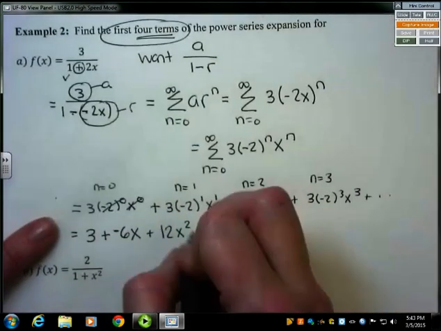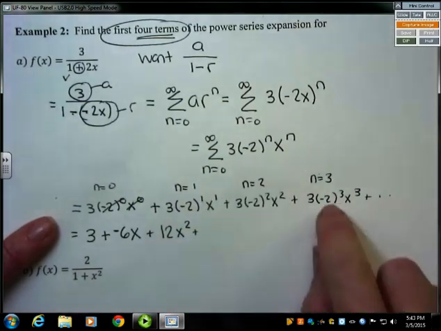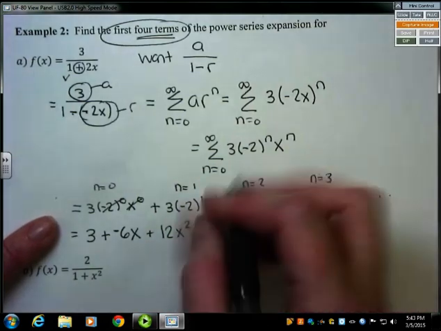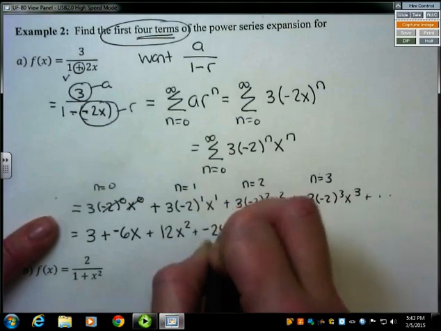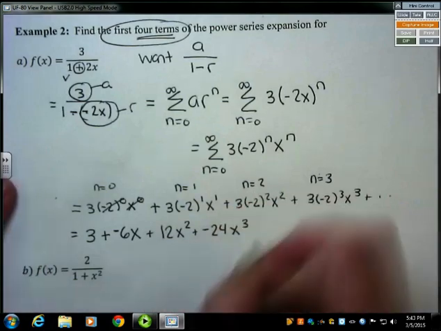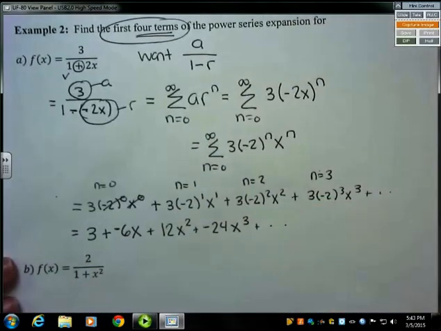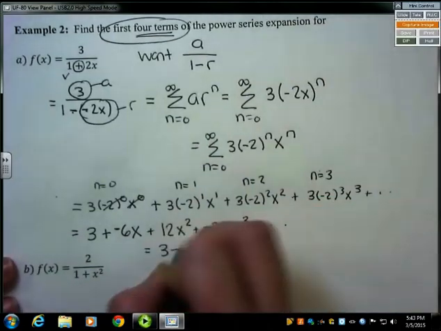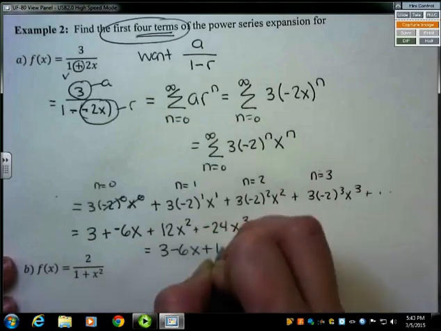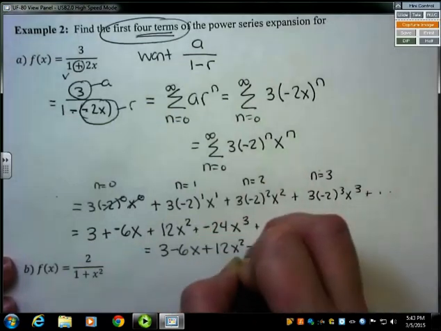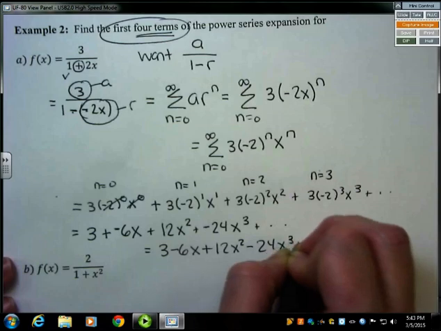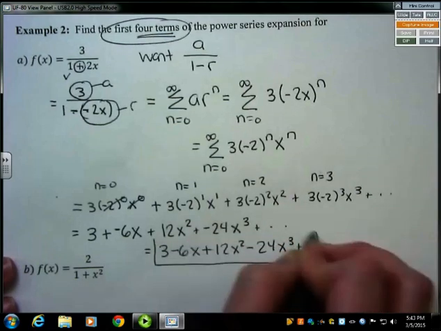And for my last term, I have a negative 2 cubed, which is negative 8 times 3, giving me a negative 24x cubed. So final answer, I have 3 minus 6x plus 12x squared minus 24x cubed.